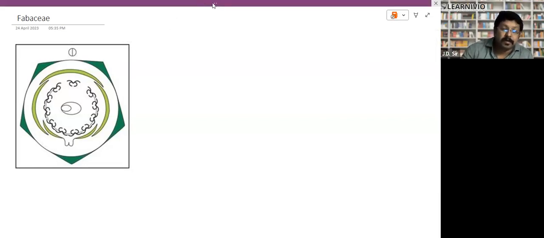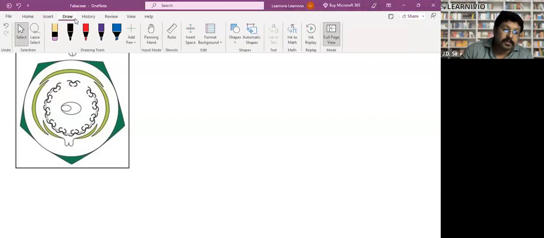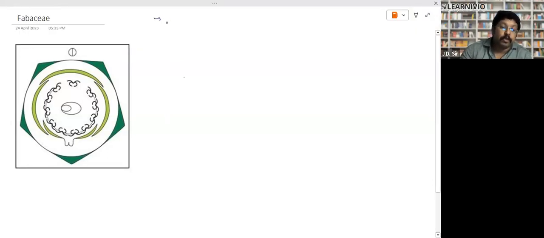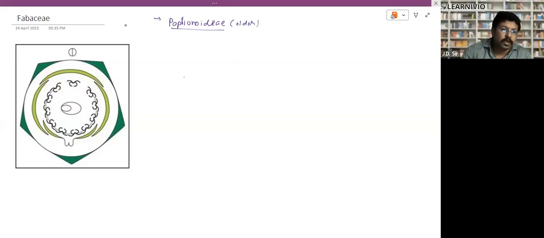So earlier, before Fabaceae, this was the name of the family. Papilionaceae was the previous, older name.